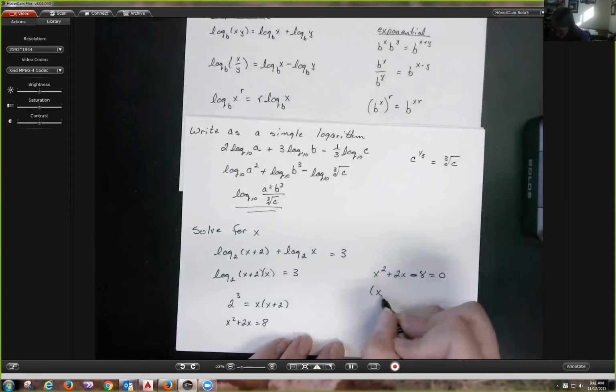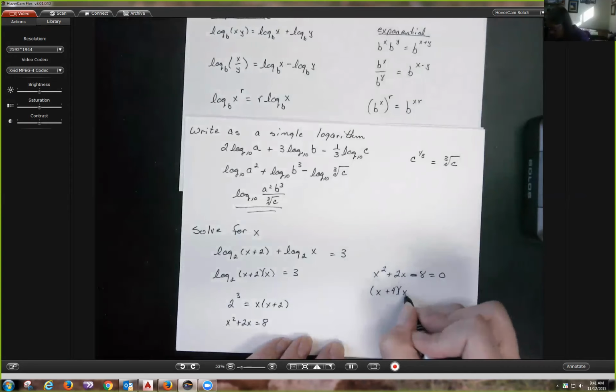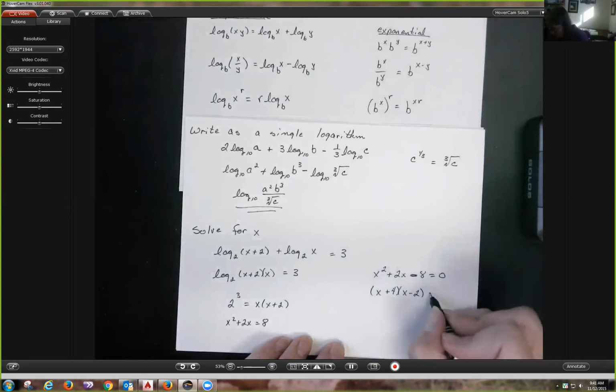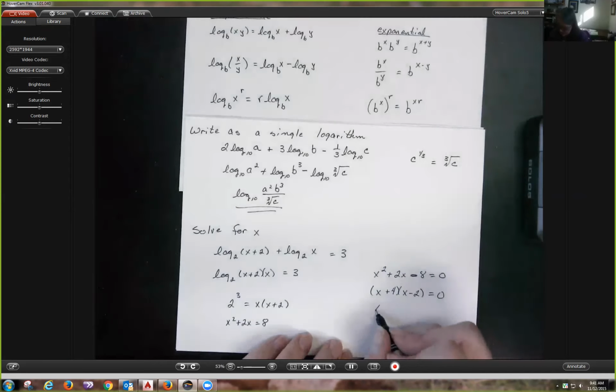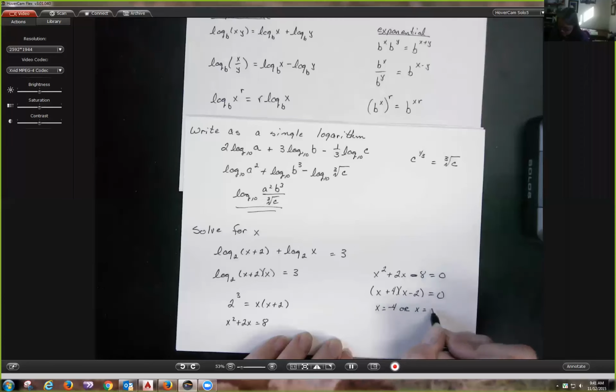And solve however you prefer to solve quadratics. I happen to know this will factor as x plus 4 times x minus 2. So x is -4 or x is 2.